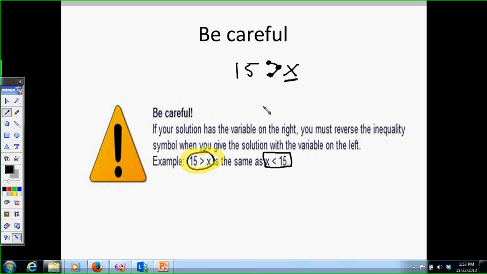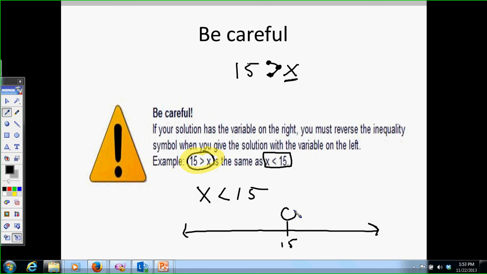But I always like to tell you, rewrite it: x is less than 15. This way, when you graph, you know which way your symbol is going to face. We're talking about the number 15. We have an open circle. X is less than, goes to the left, matches the same direction, and I'm done. So that's all we have for this assignment. Good luck.